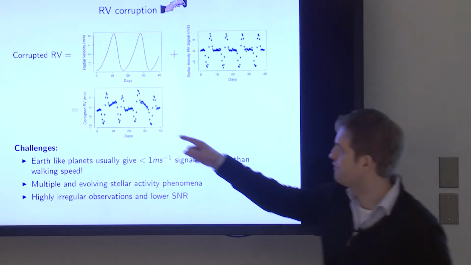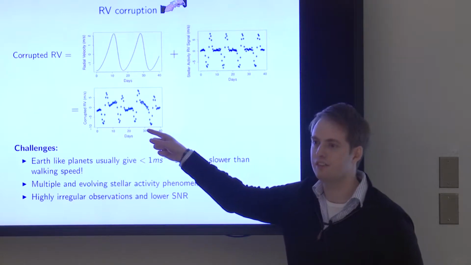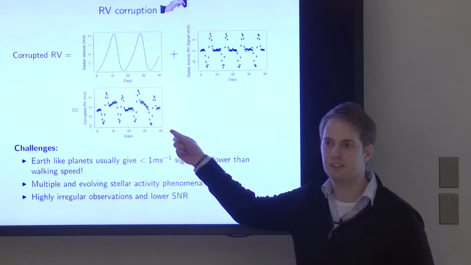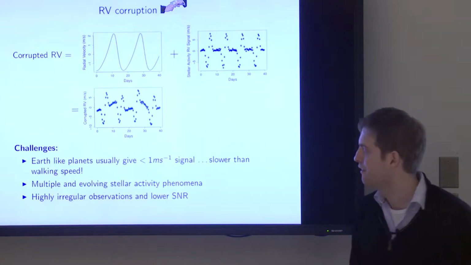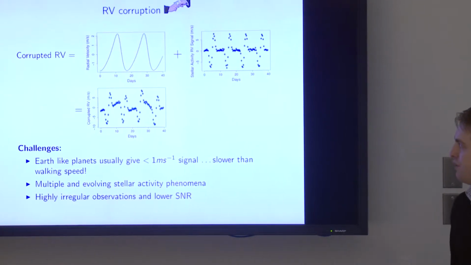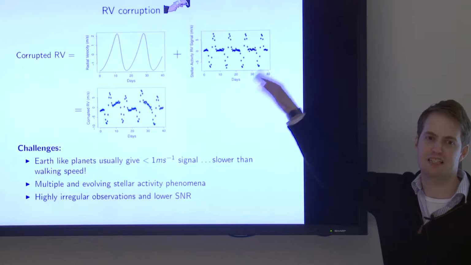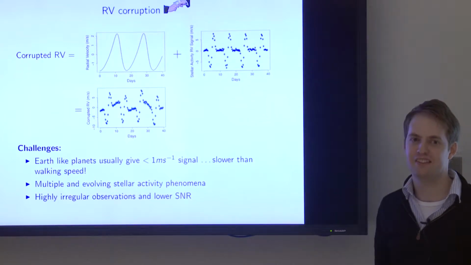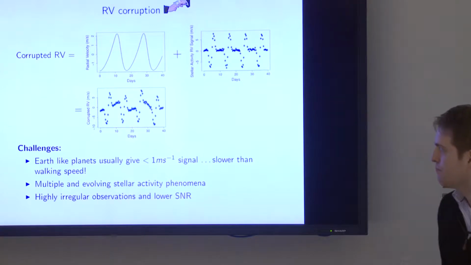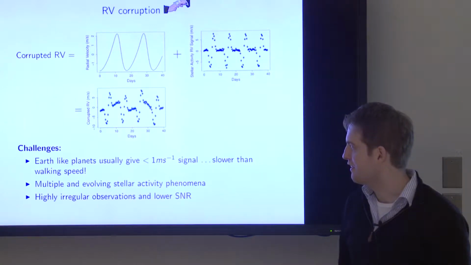The final thing we could actually observe is this, where it's mixed in. What we would like to do is work out what this is and subtract it out so that we can get the planet signal. But in practice, that can be challenging.